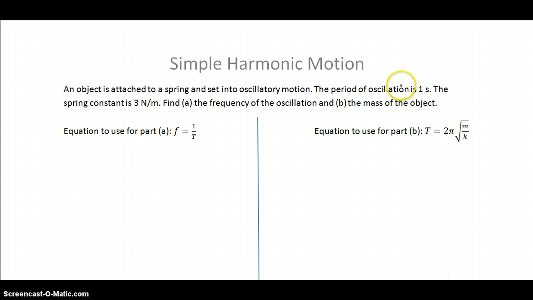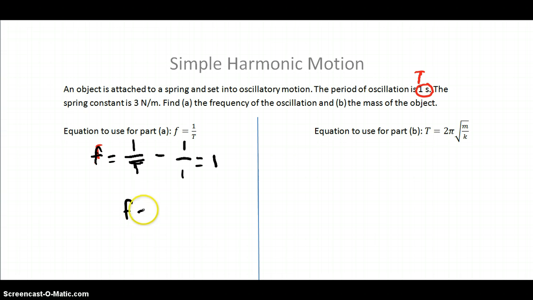In the problem it states that the period, which is denoted by T, is this right here, 1 second. So in this case the frequency is equal to 1 divided by the period T. And since the period is 1, it's 1 divided by 1, which is just 1.